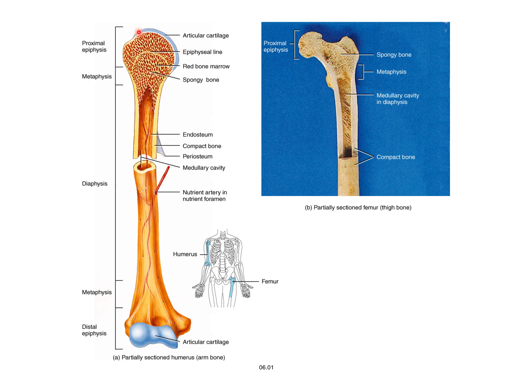Where tendons and ligaments get attached to bones, they become fused with the periosteum and become part of the periosteum. So they strengthen the attachment of the bones with tendons or ligaments.